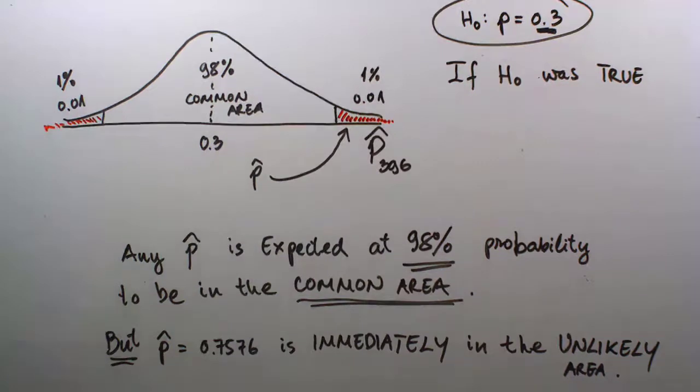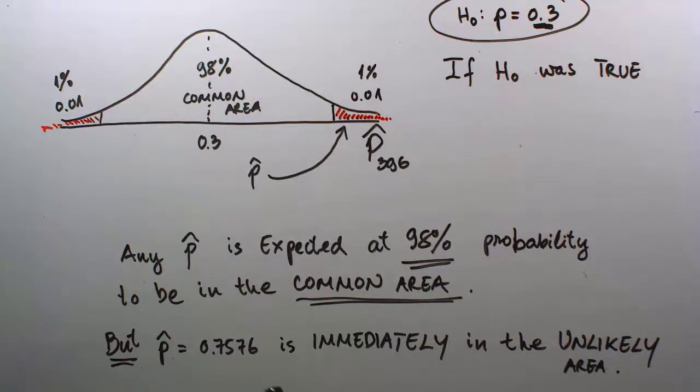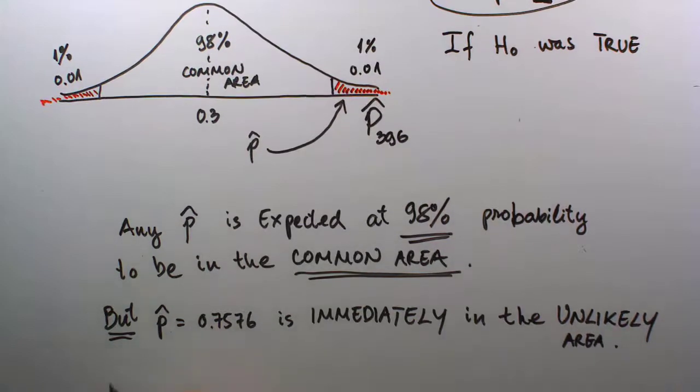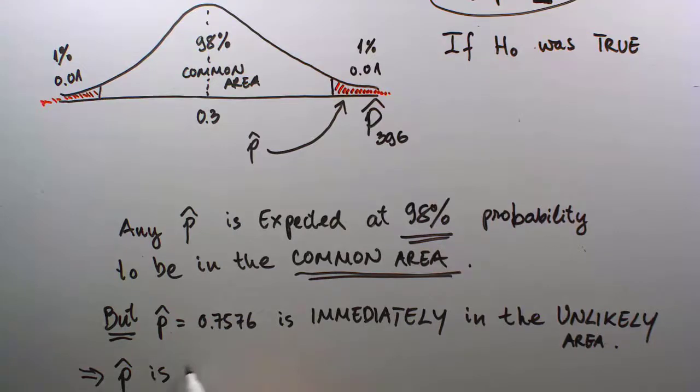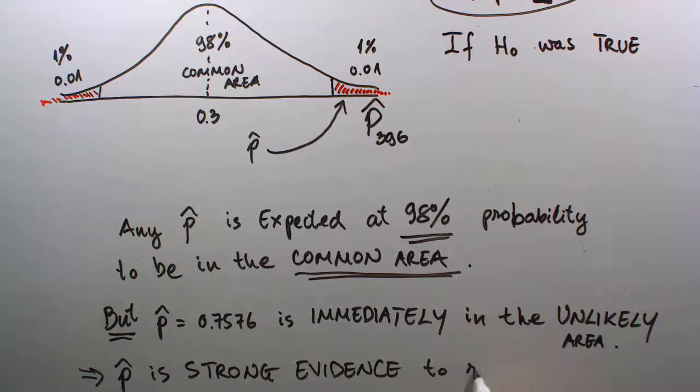In other words, we have strong evidence now. That's how p hat makes strong evidence to reject the claim, and the claim is H sub 0.